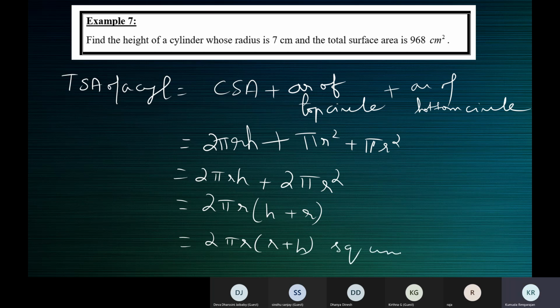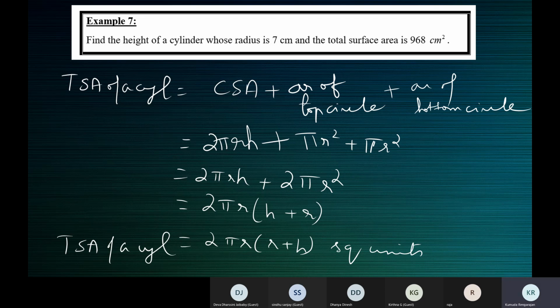Square units because area. So you remember this formula, that's all. TSA of a cylinder is equal to 2 pi r into r plus h. Total surface area is the total area of the cylinder. So what makes the total area of the cylinder? The curved surface area, the area of the top, the area of the bottom.